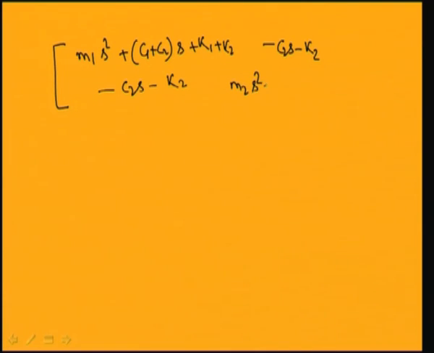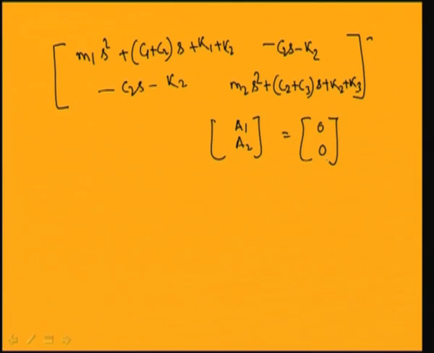So, this becomes m1 s square plus (c1 plus c2) s plus (k1 plus k2), then minus c2 s minus k2, then minus c2 s minus k2, and m2 s square plus (c2 plus c3) into s plus (k2 plus k3), into a1 a2 equal to 0 0.